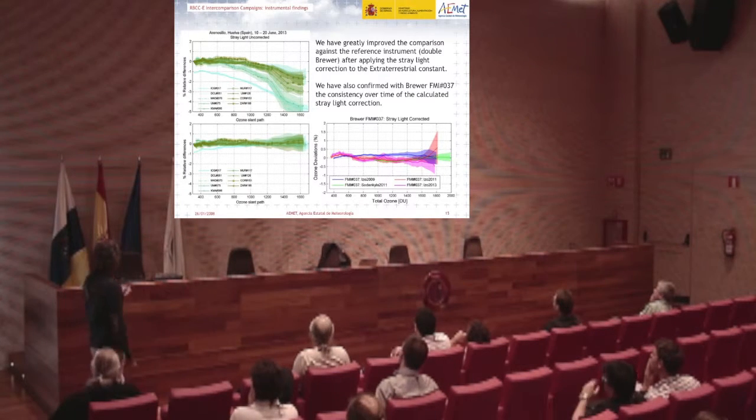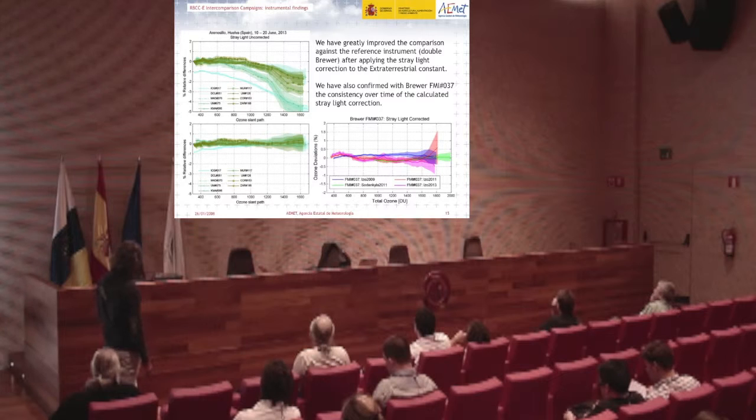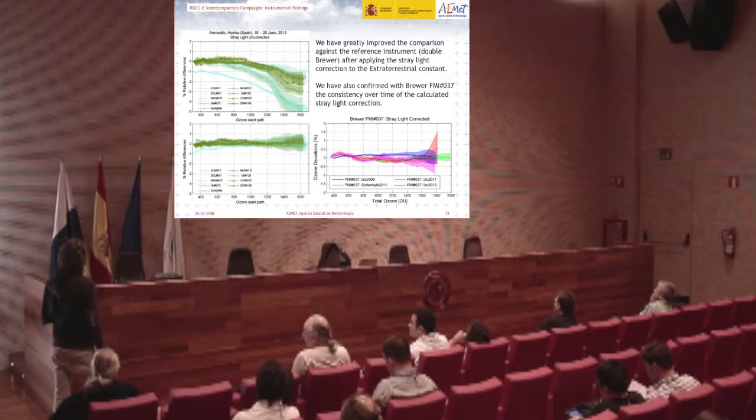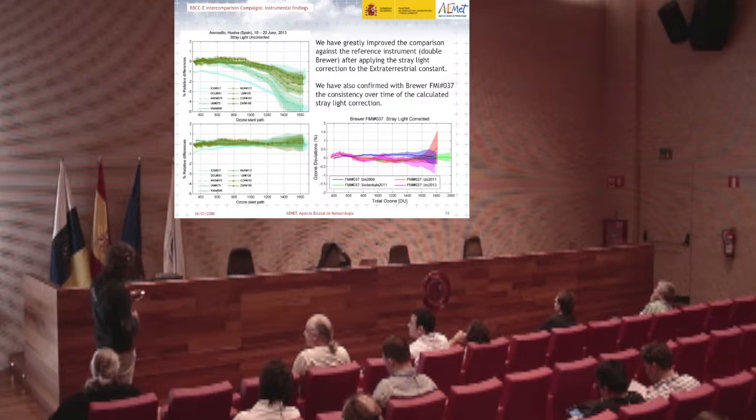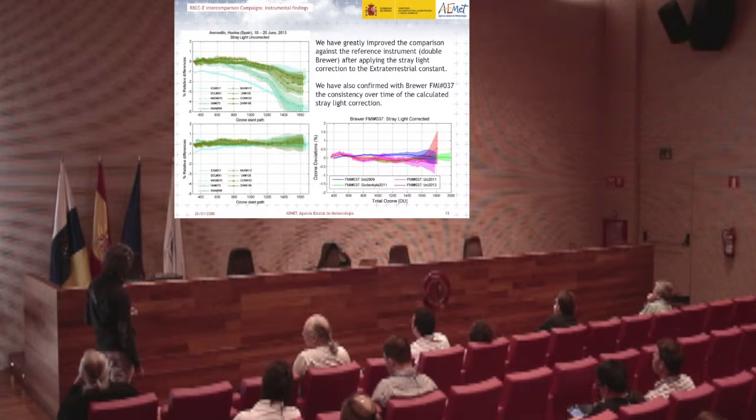And we have also confirmed with Brewer 37 that this correction can be applied over time. We have applied the same correction to different ozone data sets from 2009 until 2013, and we get very nice results.